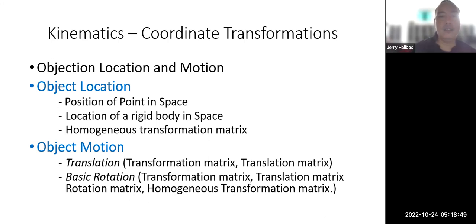Okay, so why is it that there is this object location and motion? So actually, we are referring to the TCP, no? Sa TCP nato, if we have a tool, then there is what is known as a tool center point.